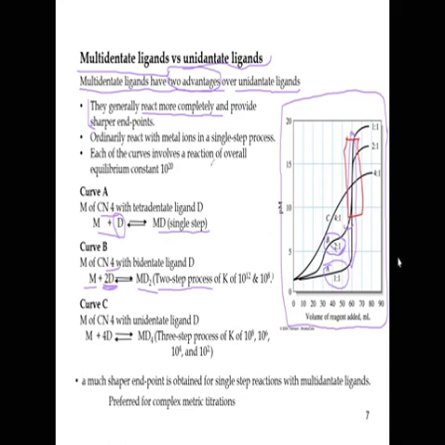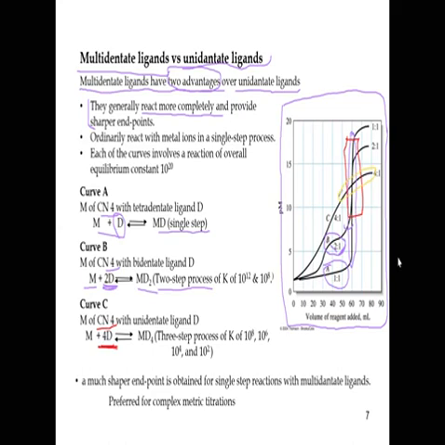Now see the third one, the same metal ion with a unidentate ligand. One metal ion, four ligand molecules, four ligand species. Look at that curve.